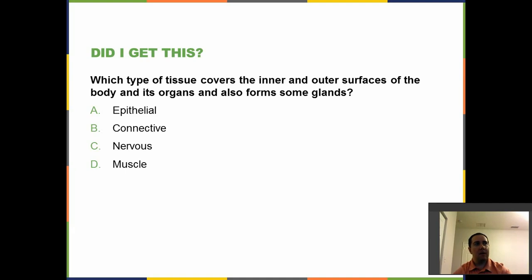I'm trying to think how I can give a clue without giving it away. Voluntary, yeah. And so skeletal muscle is voluntary. Where do we find skeletal muscle? Your muscles, like your biceps. What you think of as your muscles is skeletal muscle.